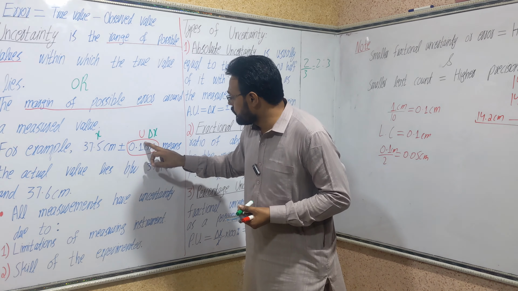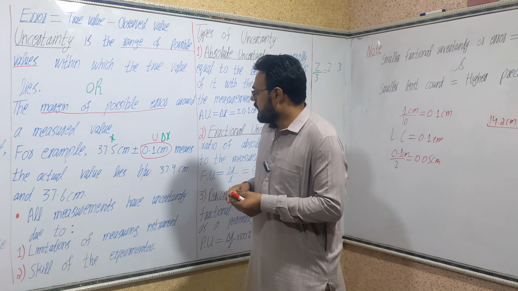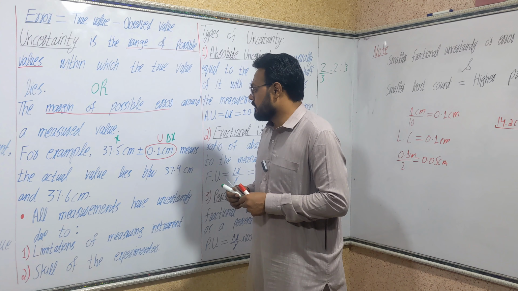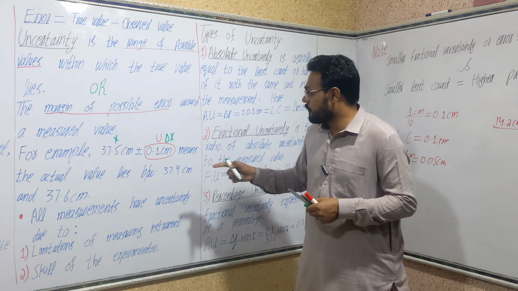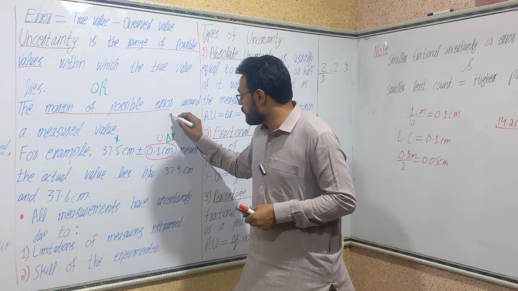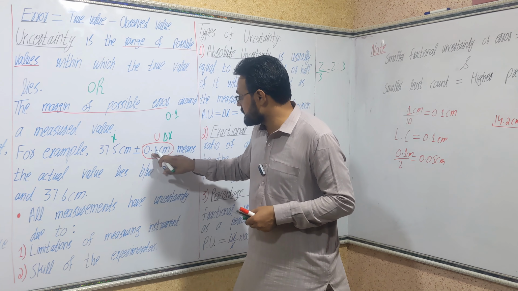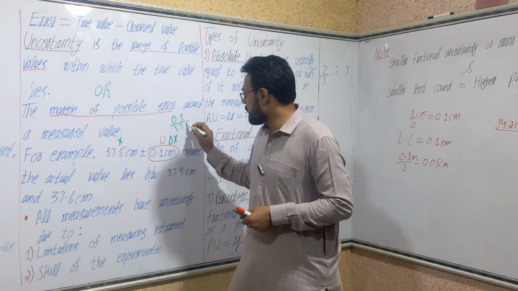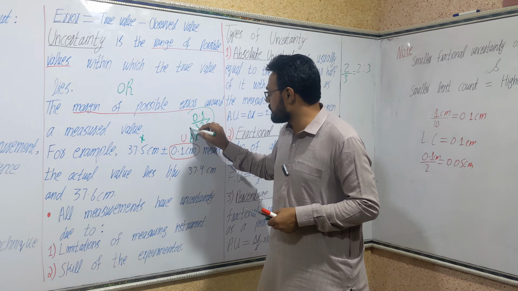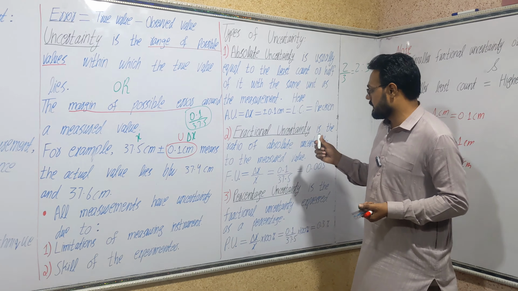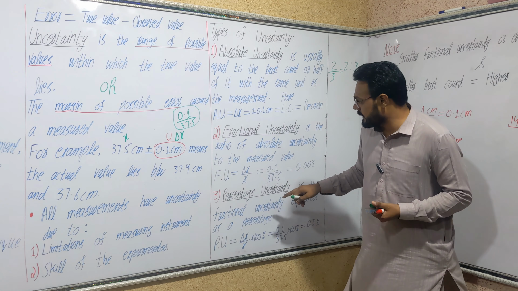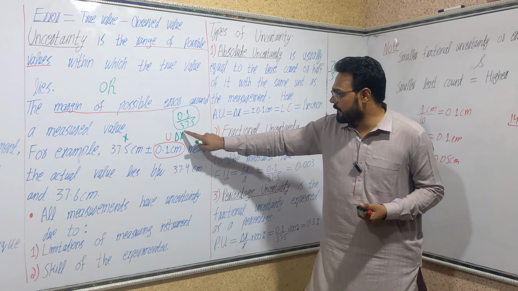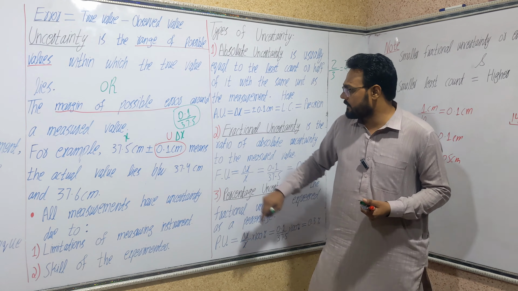The absolute uncertainty is 0.1 and the measured value is 37.5, so the fractional uncertainty is 0.1 divided by 37.5.